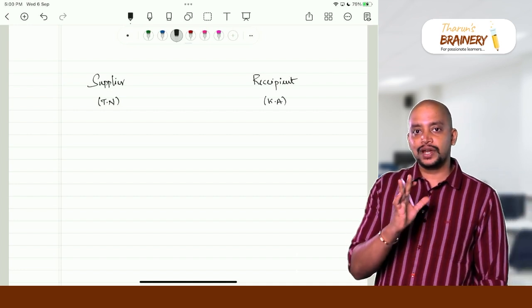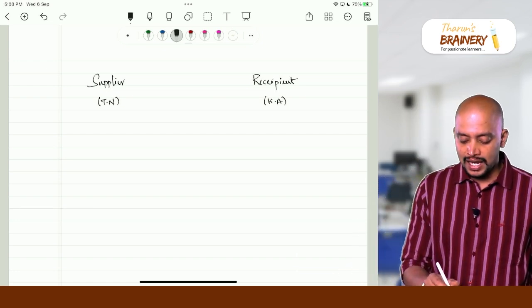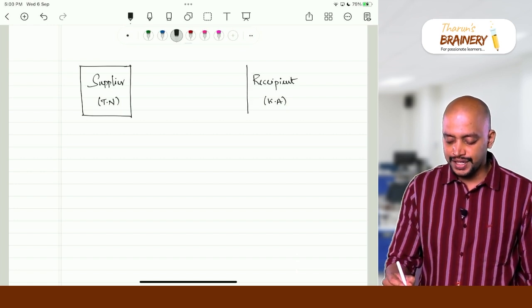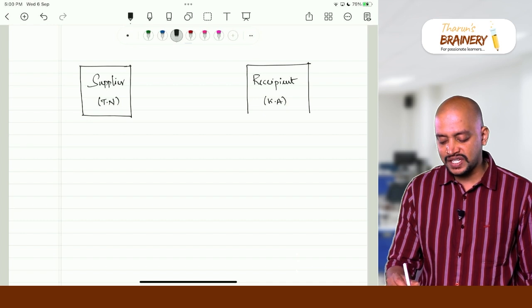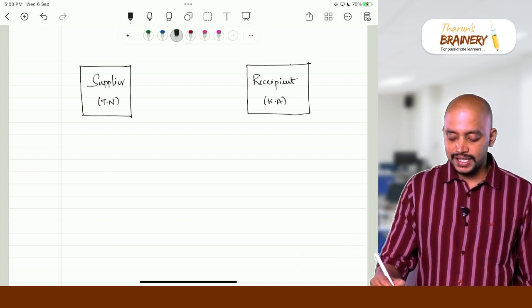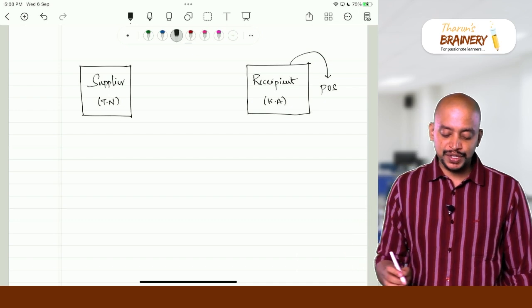Supplier located in Tamil Nadu, recipient located in Karnataka, and the supplier is making supply of goods or services to the recipient, and the place of supply is also Karnataka. Meaning the location of recipient is taken as place of supply.